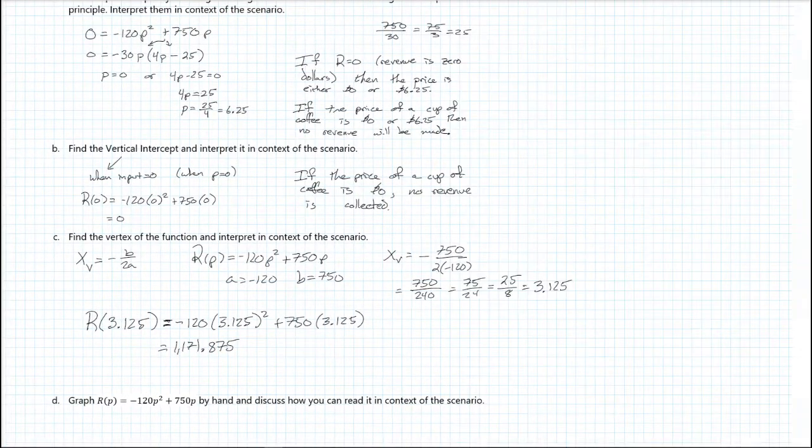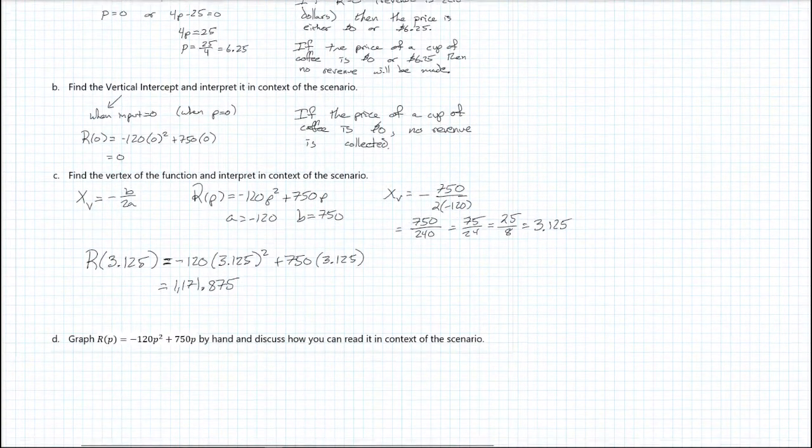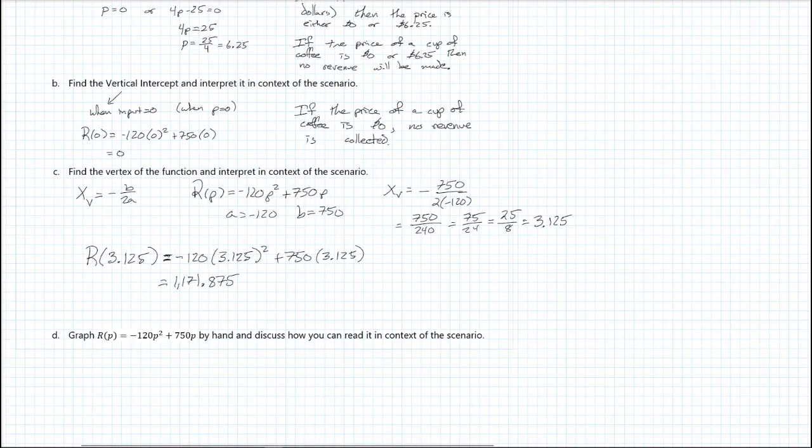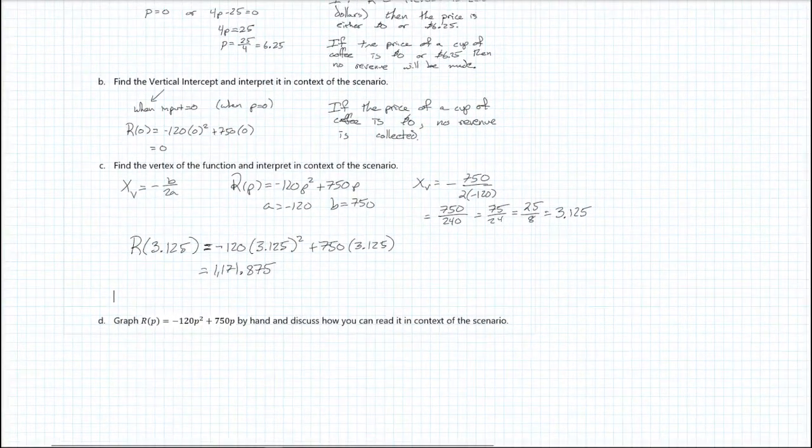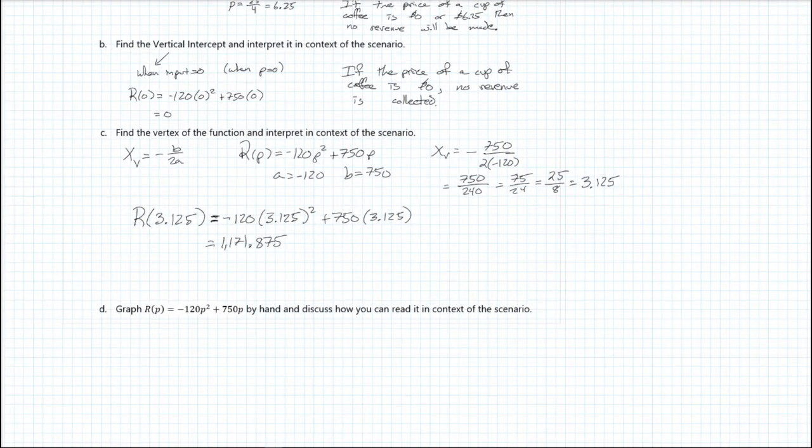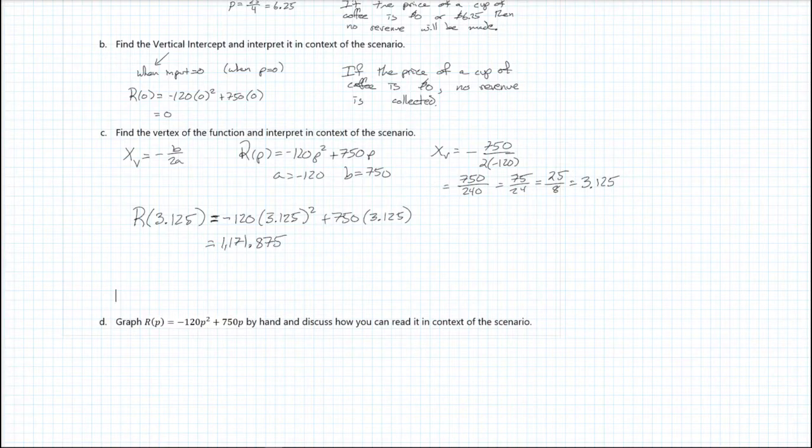That is a busy coffee shop if it's making that much money off of a cup of coffee. Probably not the most realistic model for this revenue, but it's going to give us at least a sense of how this might get used.